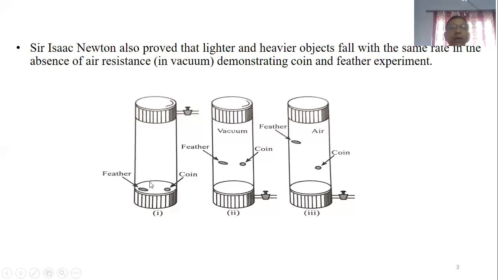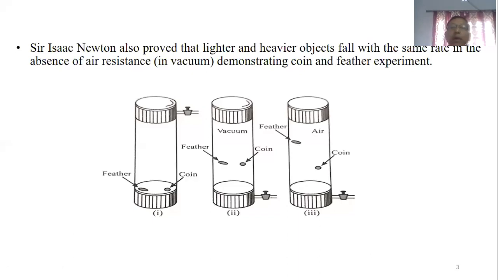And he inverted it quickly, so that it is shown like this in figure number 3, where the coin fell more quickly than the feather in this condition because there was air inside the tube.